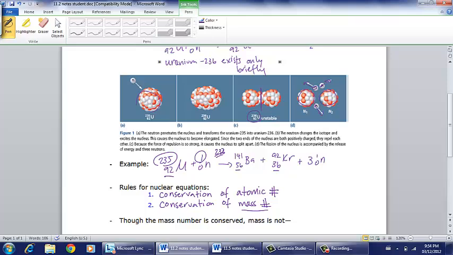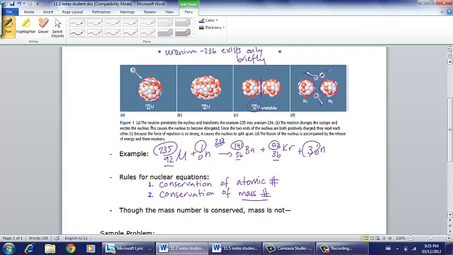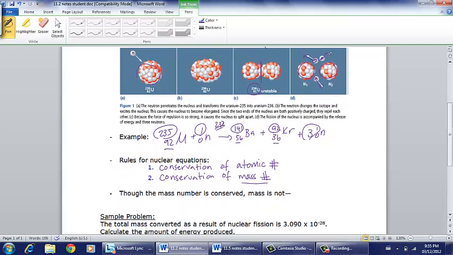And then over on the product side, we have 141 plus 92, which would be 233, plus 3 here, so 236 in total. And it needs to be noted that although the mass number is conserved, the mass is not. A tiny amount of mass is converted into energy.